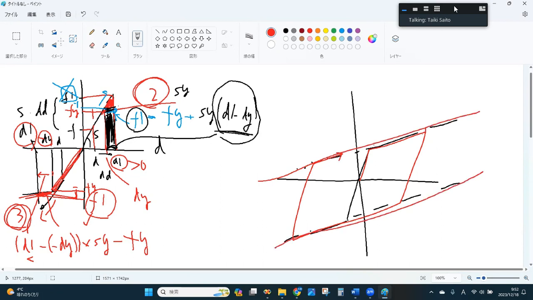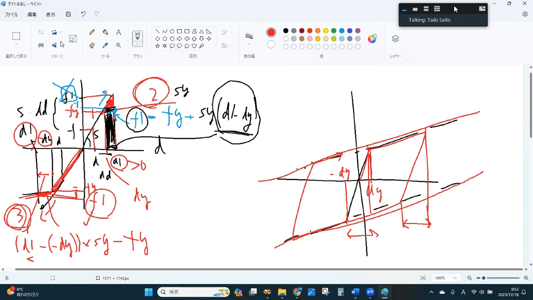And always this deformation is the same as this deformation. This one is Dy, and this point is minus Dy.